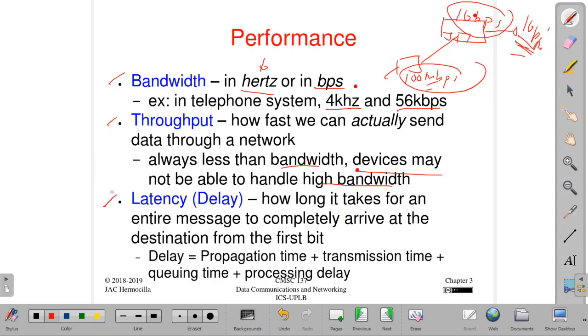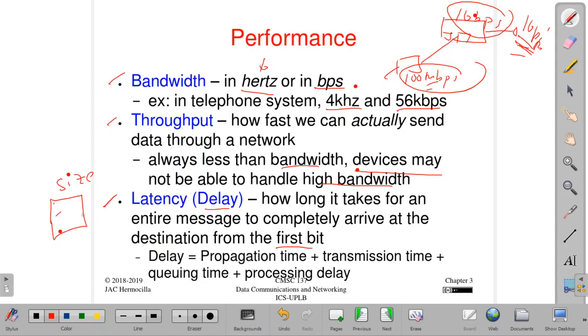Then the third metric for performance is called latency or delay. It describes how long it takes for an entire message to completely arrive at the destination, starting with the first bit. For example, you're going to send your picture to your girlfriend or your boyfriend. Now, a picture has a certain file size, and it's composed of bits and bytes.